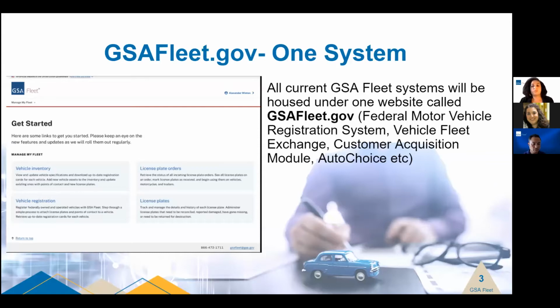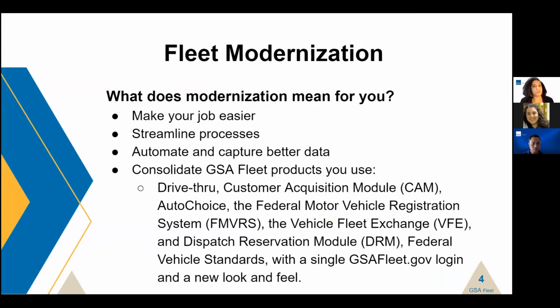That includes a lot of the things that you use currently: FMVRS, which we'll be talking about today, VFE, CAM, and auto choice. And what does that mean for you on a tangible level? Our goal is always to make your job easier.